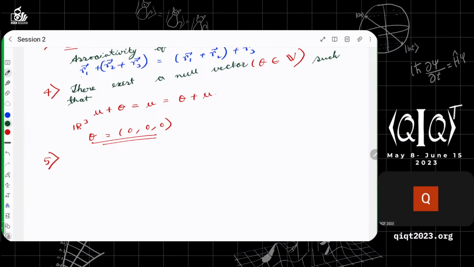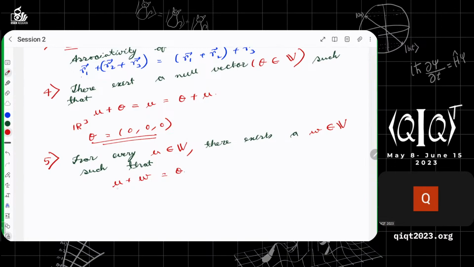And the fifth condition is that for every u belongs to V, there exists w, which is also a member of the set V, such that u plus w equal to theta.